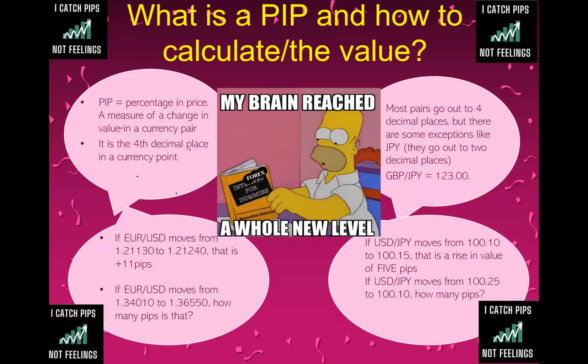For this, the example she put here, look at the first one, which is USD JPY, has moved from 100.10 to 100.15. The number in front of that 10 can be a 3, so it can be 100.102. You just need to ignore the third number.